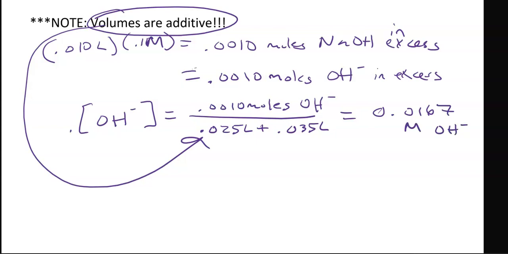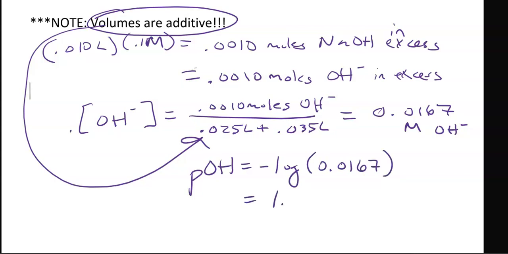What can we calculate once we have the hydroxide concentration? That's right, the pOH. So the pOH is just the negative log of the hydroxide concentration. And then we get the answer of 1.778. You may be tempted to stop here, but why does that not make sense?